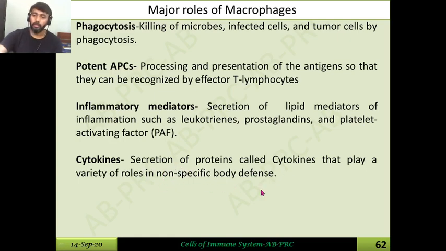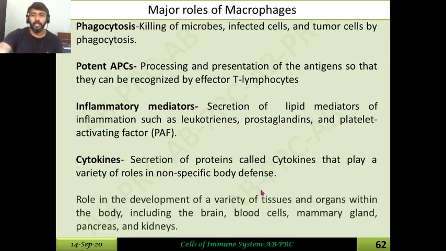Then in addition to these listed mechanisms, they also have a role in the development of tissues and organs within the body, like brain, blood cells, mammary gland, pancreas and kidneys, right? So in addition to this immunological function, they also play a certain role in the developmental process.